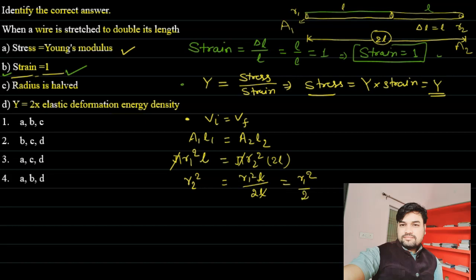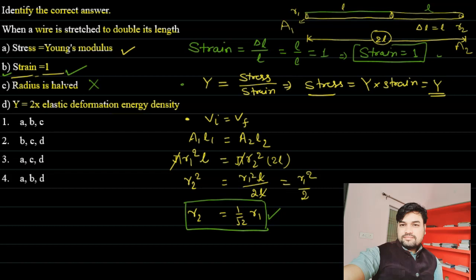So the radius of the wire after stretching, R2, will be 1 by root 2 times R1. So the radius of the wire after stretching is not half, rather it is 1 by root 2 times the initial radius. So this statement is not correct.